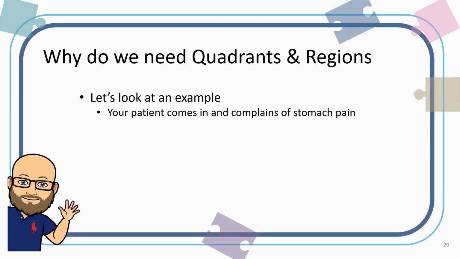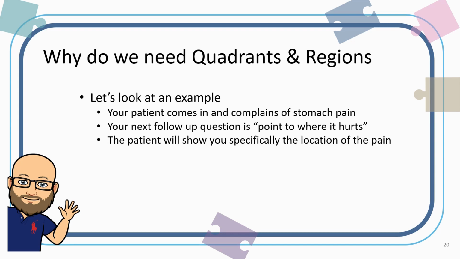All right, let's look at an example. If a patient comes in complaining of stomach pain, again, they're usually talking abdominal pain, one of your next follow-up questions really should be, point to where it hurts. Tell me specifically where it bugs you. And they're going to give a descriptor and point somewhere on their body.